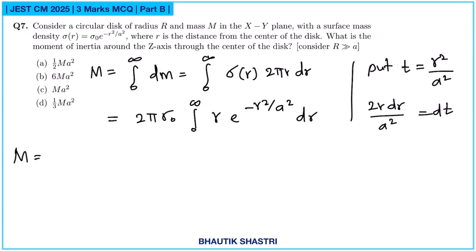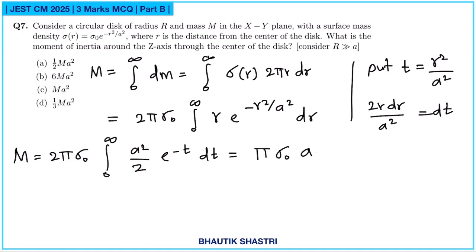So m is equal to 2 pi sigma naught integral 0 to infinity a square by 2 e raised to minus t dt, that is pi sigma naught a square times e raised to minus t upon minus 1, limits 0 to infinity, which is 1. So this will be equal to pi sigma naught a square.